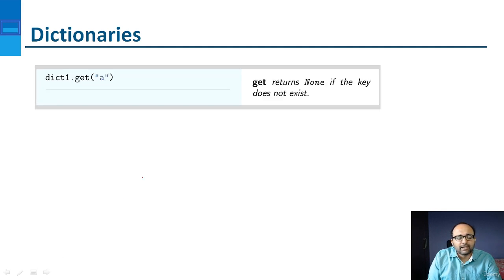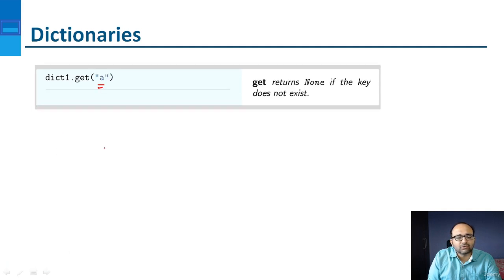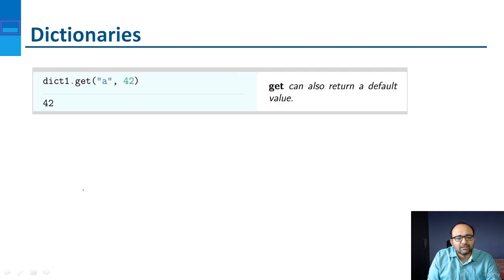We can also return a value for a key. If A is the key but the key called A is not available in dict1, it is going to return None, because the key is not present in the entire dictionary.